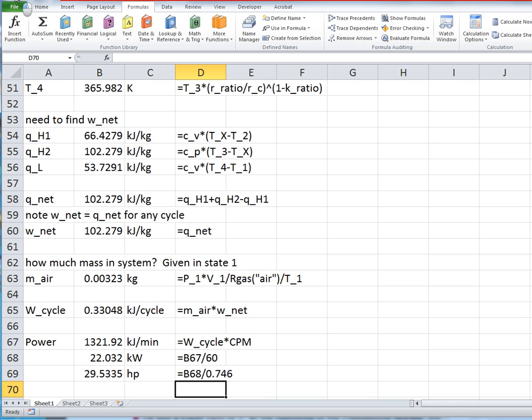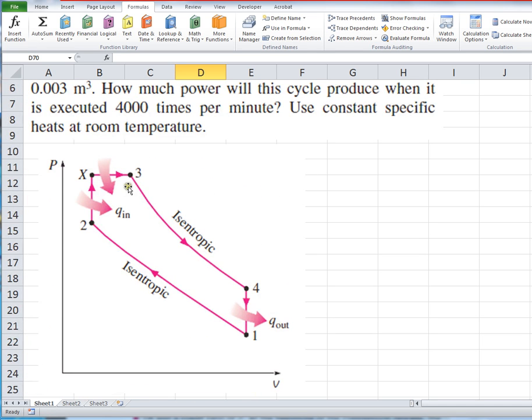Okay, so that's a dual cycle that has given pressure ratio here to help find that temperature Tx, and the key here is just to go station to station to find the temperatures in all parts of the cycle.